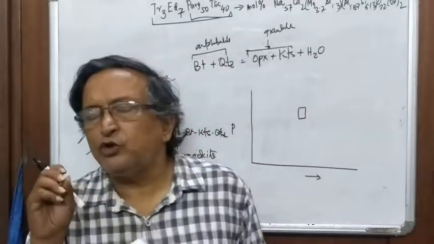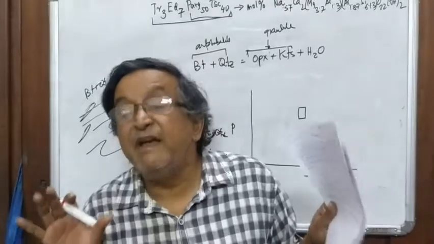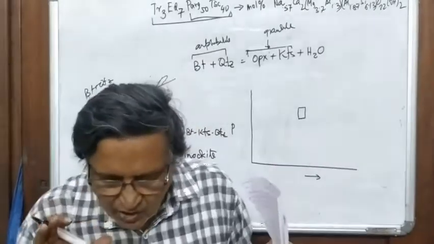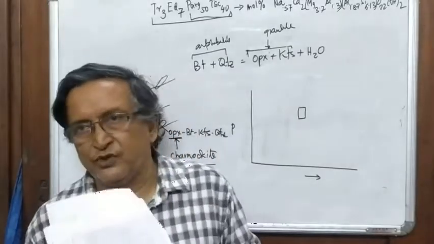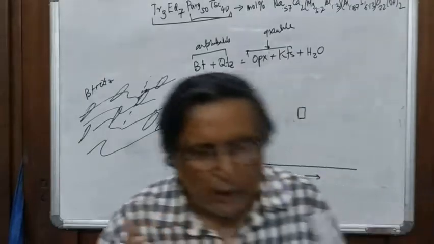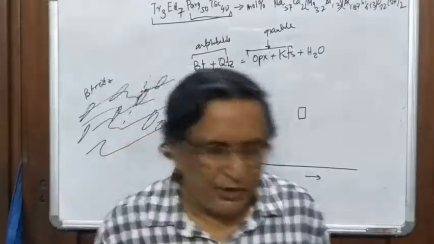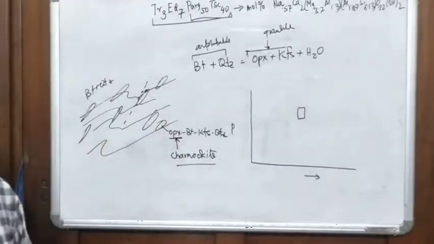So orthopyroxene-bearing granite is charnockite, and this is magmatic. The charnockite name comes from this magmatic orthopyroxene. When this term came to Job Charnock, who took it to Madras, and then he had the Charnock tomb in Kolkata.